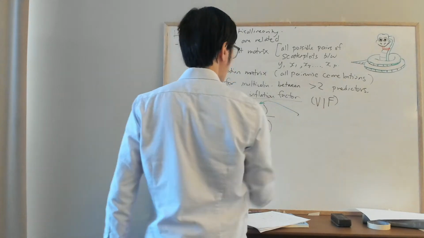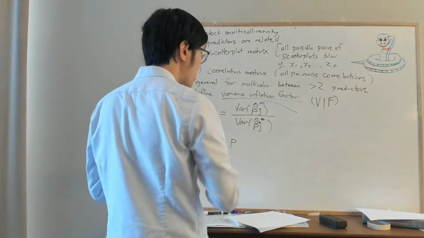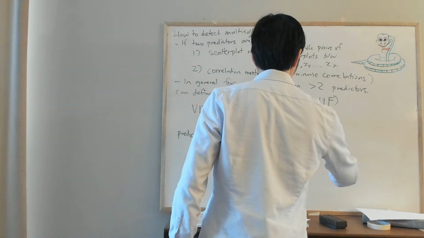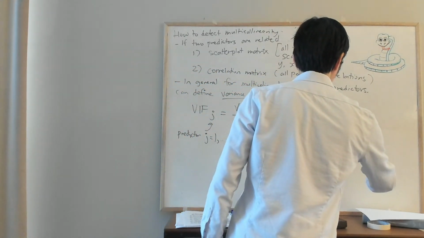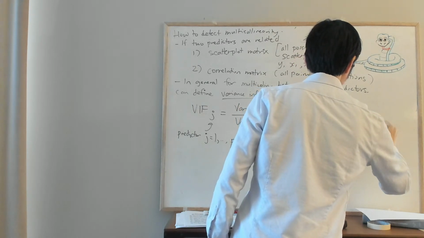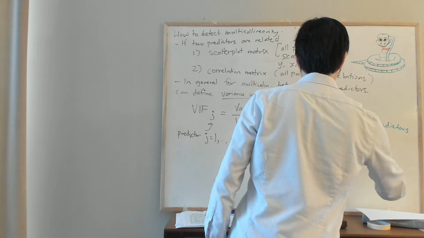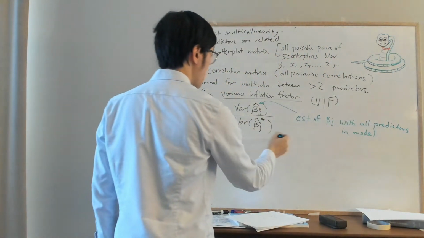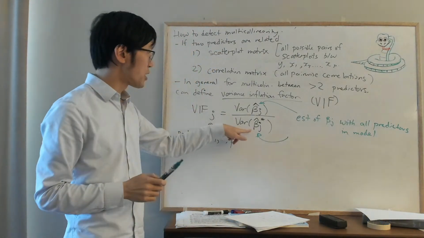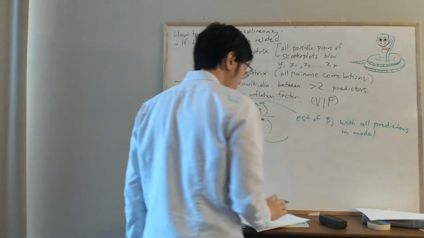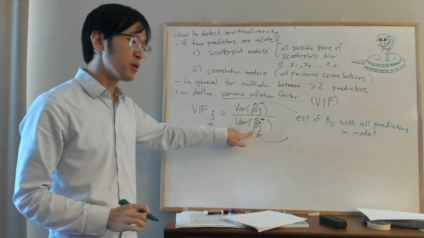Let me label these. The one on the top is based on fitting the regression with all of the predictors, so this is the estimate of beta j with all predictors in the model. The one on the bottom, beta hat star, is the estimate based on a regression model with only the corresponding variable, xj.